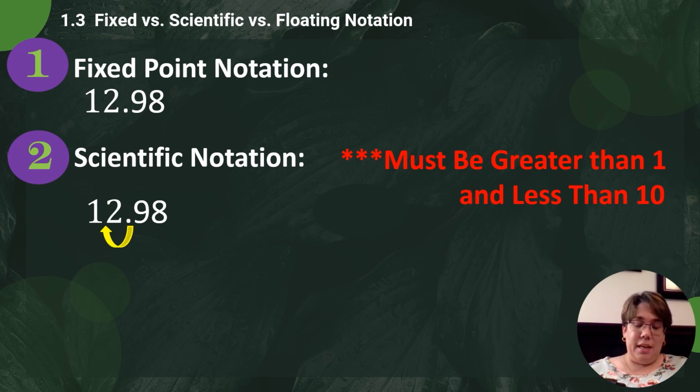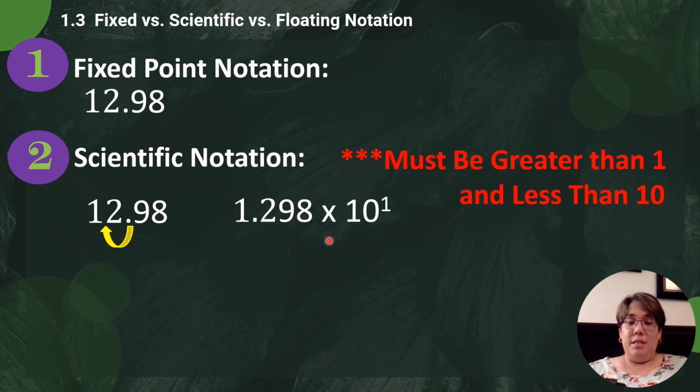So in this case, I only need to move it one time, because when I move it one time, I get 1.298. Now 1.298 is greater than 1, and it is also less than 10. Now I moved my decimal place one time, so for scientific notation, I have to tag on times 10 to the 1st. The exponent of this 10 is however many times you moved the decimal place. So I moved my decimal place one time, therefore the exponent of the 10 is a 1.